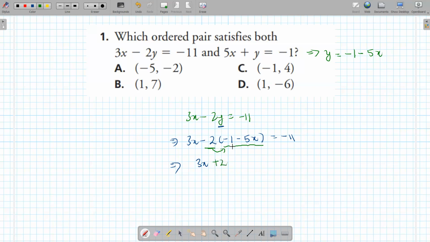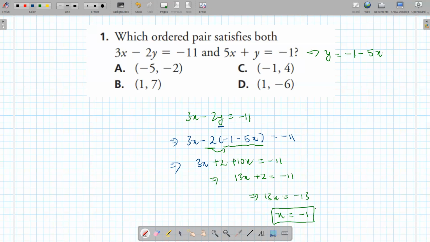The next one will be -2 times -5x, which is 10x. Like that. So you get 13x plus 2 equals -11. Subtract 2 from both sides. 13x equals -13. So x is -1.